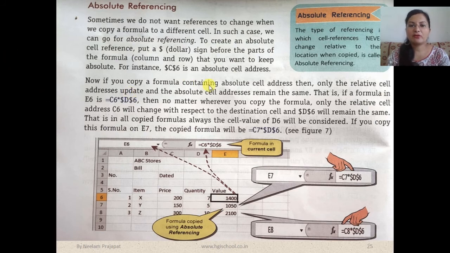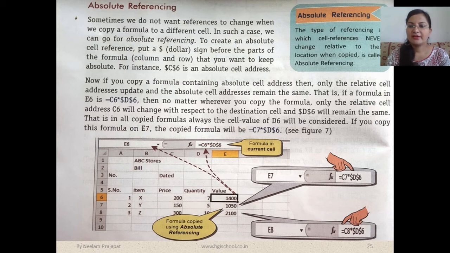So now if you copy a formula containing an absolute cell address, only the relative cell addresses update. Got it? Relative cell addresses will update, but the absolute cell address will remain the same. It will not change, because there is a dollar symbol there, which means the value will be fixed.